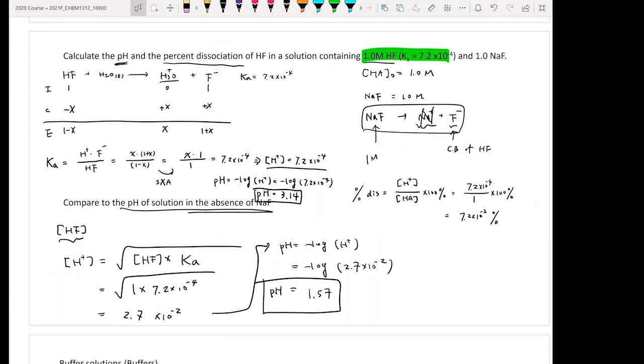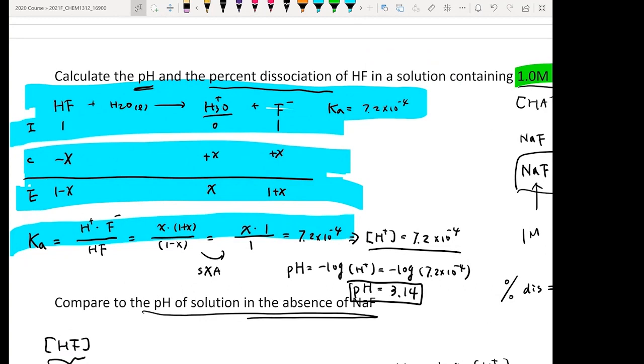So let's focus on here. Let me highlight the area I want you to focus on. At equilibrium inside your solution, we're going to have HF, we're going to have our protons, and we're going to have our F minus.